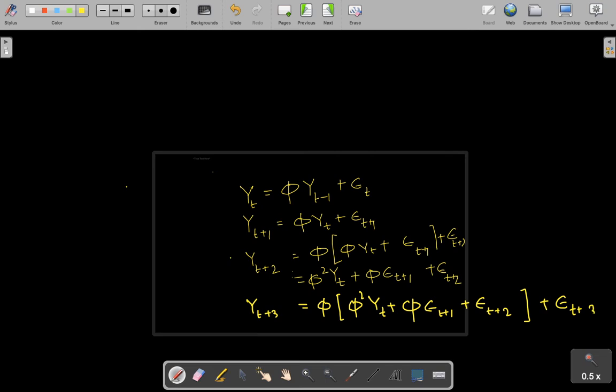Now if I expand it, what I get here is phi cube yt, phi square epsilon t plus 1, and I have my phi epsilon t plus 2, and of course the last term is epsilon t plus 3.